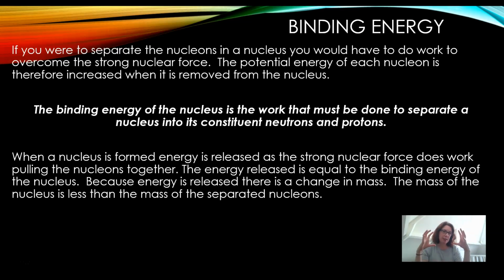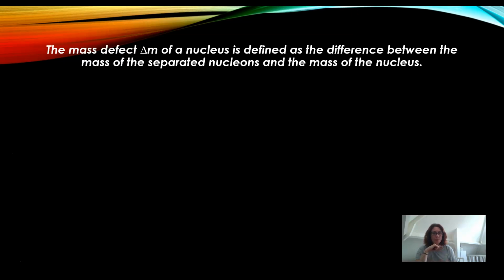When you pull the nucleons together, they weighed more than when you put them together as a nucleus, and that change in mass is released as energy. And if you want to separate those nucleons back out, you have to put that energy back in. So the mass of the nucleus is less than the mass of the separated nucleons. Strange idea, but very important.